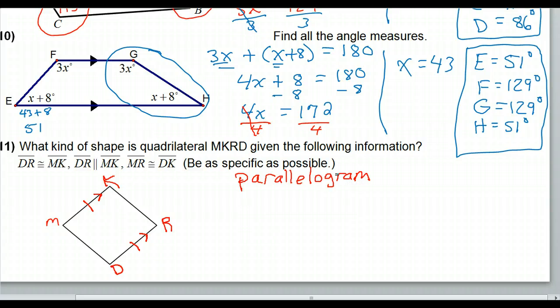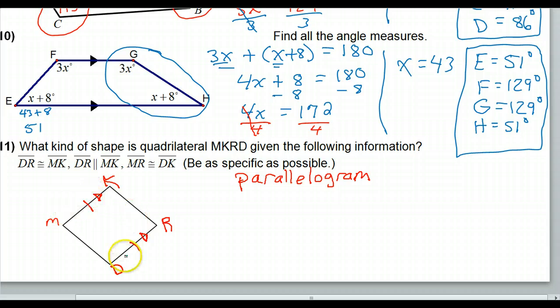Alright, a long time ago we learned several ways to show if something is a parallelogram. And one of the ways to prove that a shape is a parallelogram is, see if you can remember this. If the same pair of sides is both congruent and parallel at the same time, then that makes it a parallelogram.